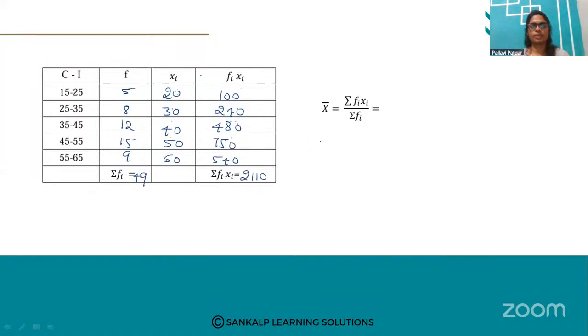So here by using the direct method formula to calculate the mean, summation fi xi is 2110 divided by summation fi is 49. So this is equal to 43.06. So therefore the mean of the given data is 43.06.